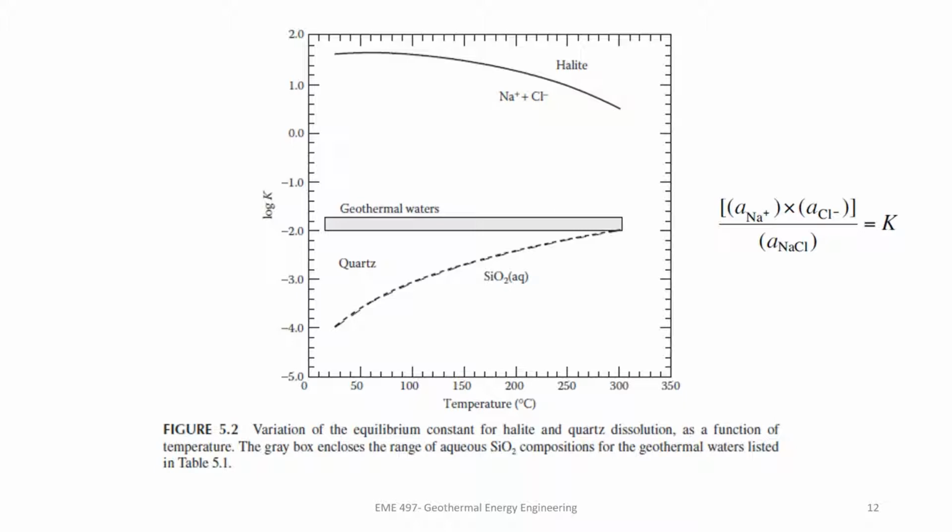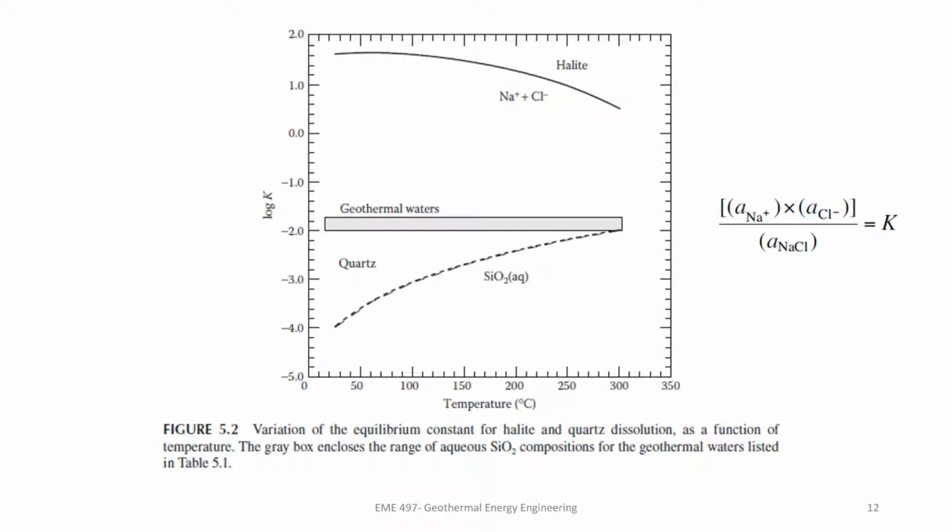This is figure 5.2 from the textbook, where the variation of the log of the equilibrium constant K for the halite dissolution reaction and the quartz dissolution reaction is shown as a function of temperature up to 300 degrees Celsius. The activity of solid minerals that are pure is equal to 1. For dissolved species, intuition would suggest that the activity would be equal to the molality of the species in solution.